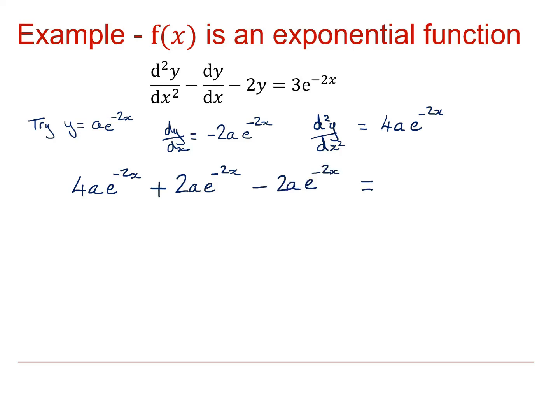And that's got to be equal to 3 e to the minus 2x. Well, pulling those together, I've got 4a plus 2a minus 2a, so I've got 4a is equal to 3, and therefore a is equal to 3/4. So my particular integral is going to be y is equal to 3/4 of e to the minus 2x.